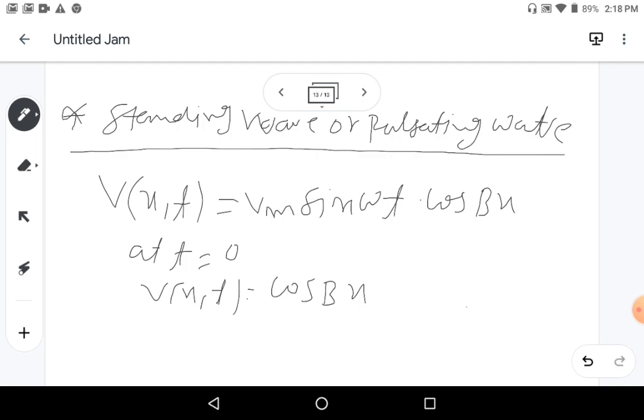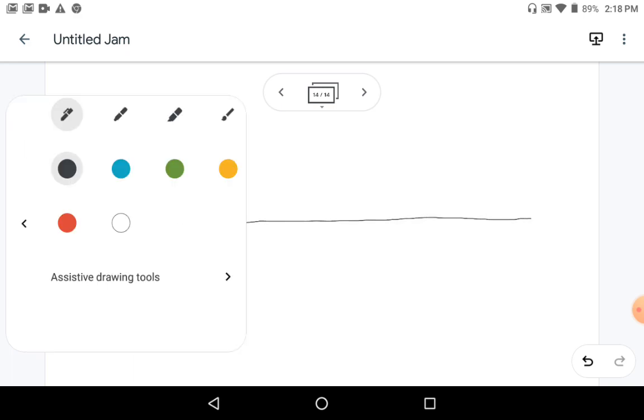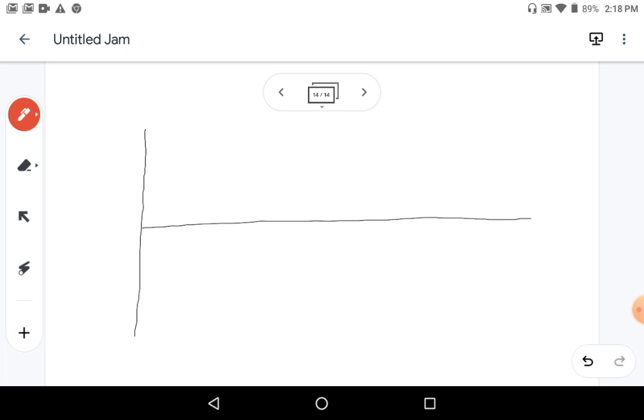Now we draw the curve like that. At t equals 0, sine omega t equals 0, only cos beta x remains, so the curve is like that at t equals 0.